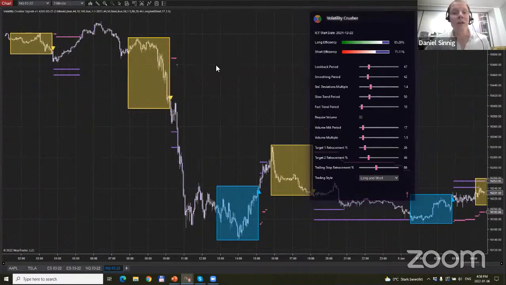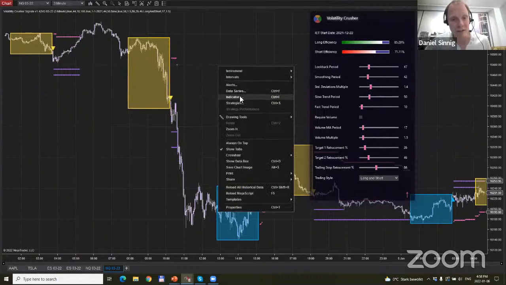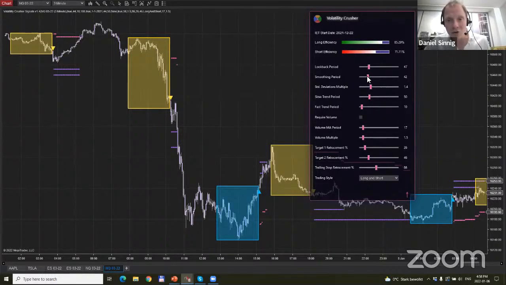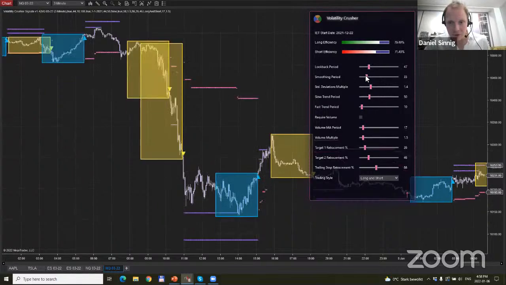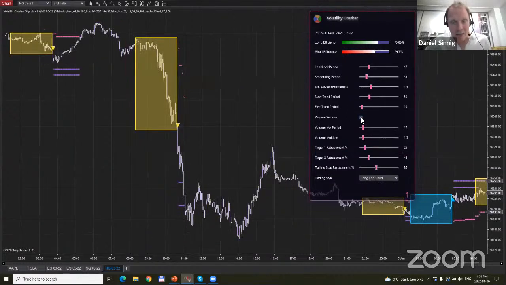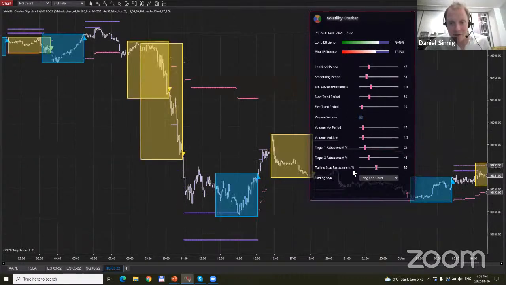See, there's no need to go tediously to the indicator settings, change it, click apply, go back, observe the statistics. You can simply now drag these parameters to your liking to find the signals that you like by either looking at the statistics or perhaps just looking at the chart. If you like the signals, you can enable parameters, you can disable them, and everything will make a difference on the chart instantaneously.